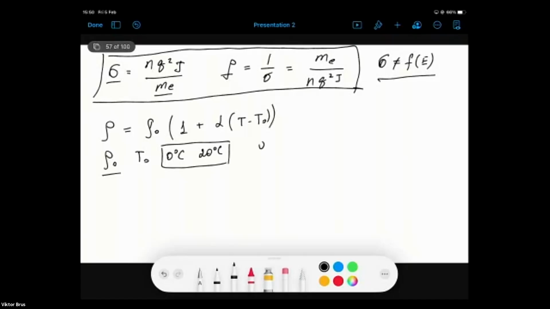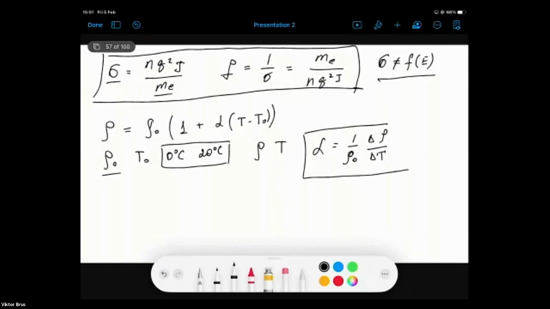And then rho is the specific resistance at any given temperature. This coefficient alpha is defined as 1 over rho naught times delta rho over delta T, and it is called the temperature coefficient of resistivity.